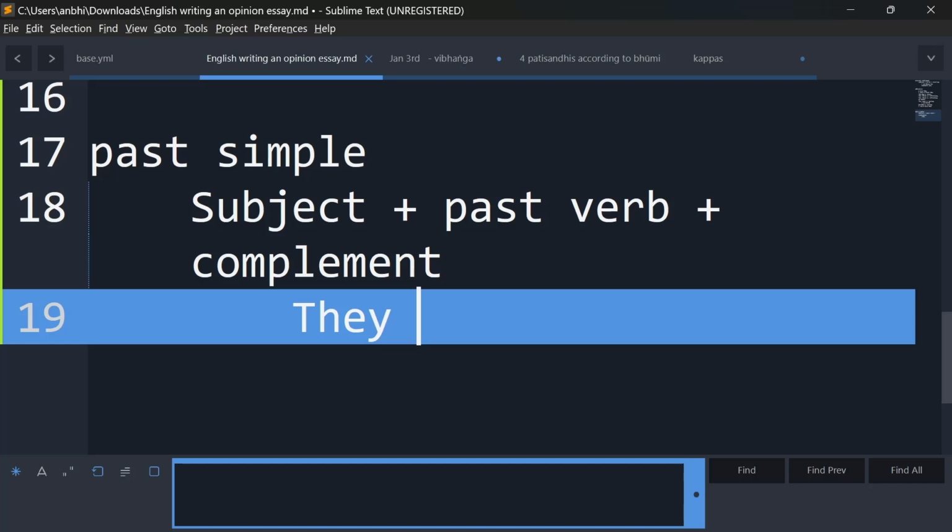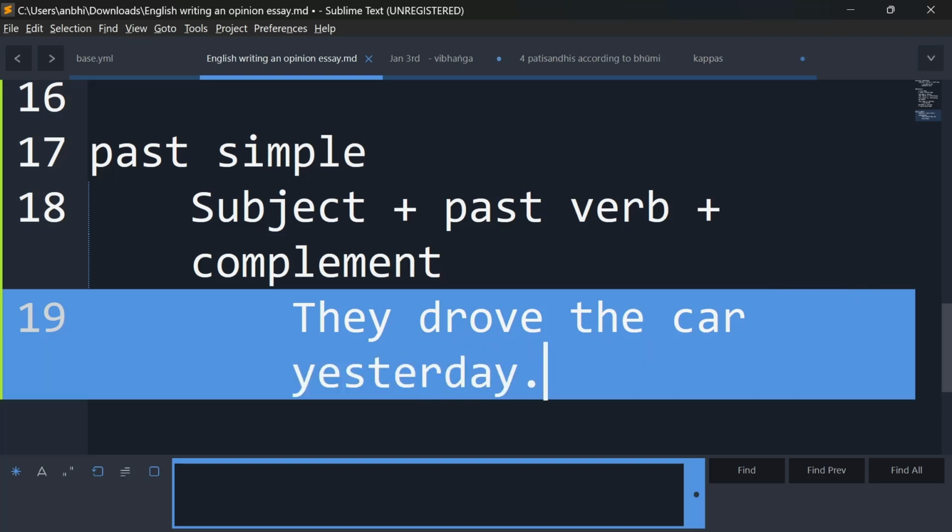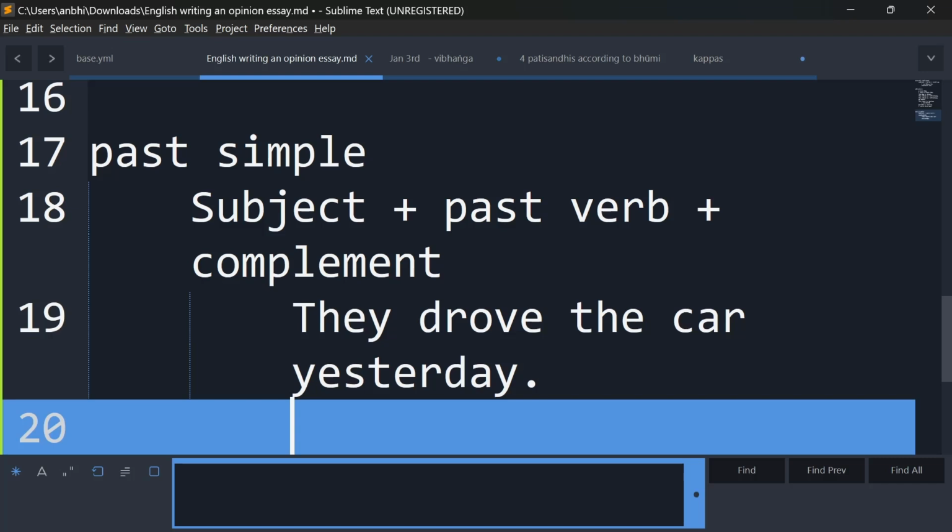For example, they, not to use I all the time, they drove the car yesterday. Okay, they drove the car yesterday, yes.